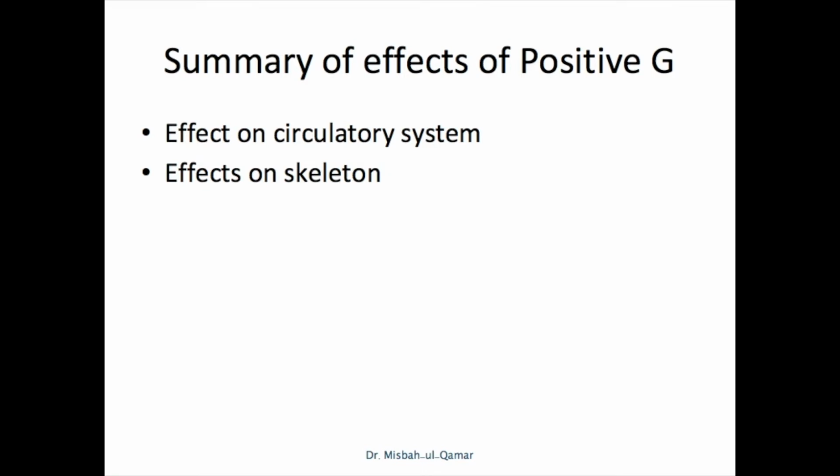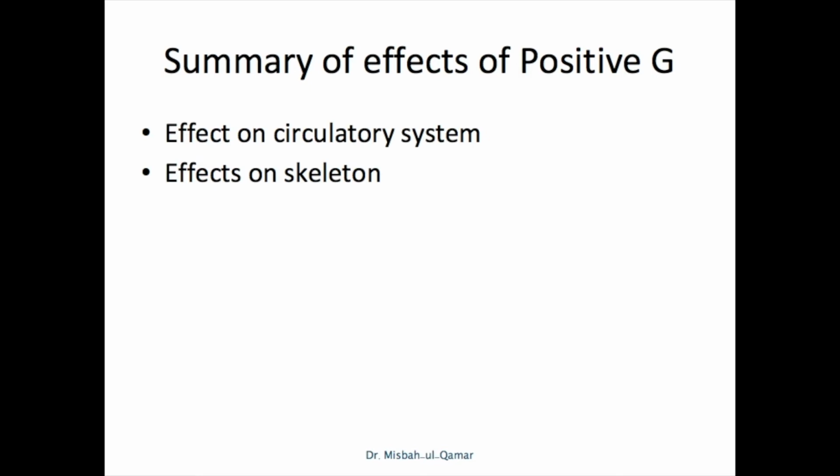Now, as the blood centrifuges to the lower extremities, a great distension of the veins of the abdomen and legs is observed. Plus, there is increased vascular capacity, venous pooling, decreased cardiac output, and decreased blood flow to the brain, which would result in what?